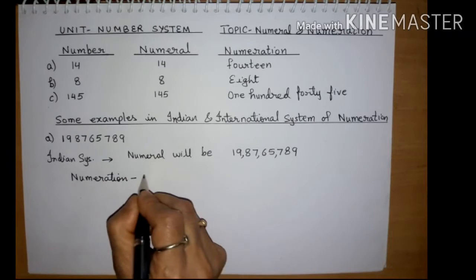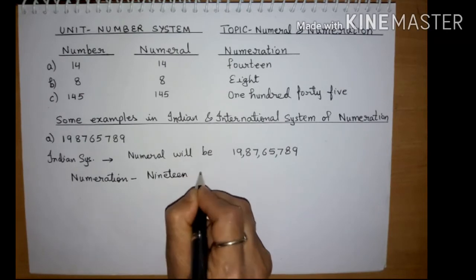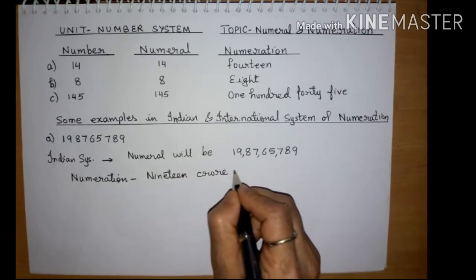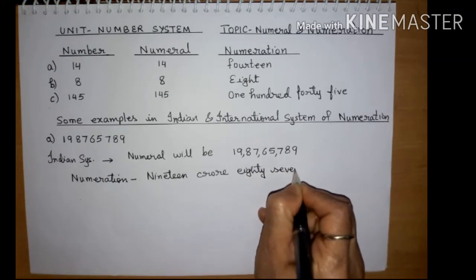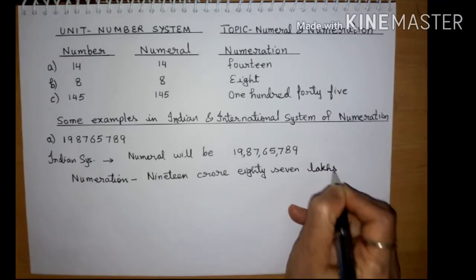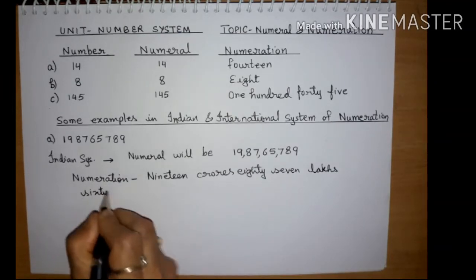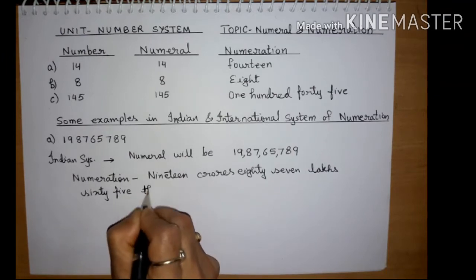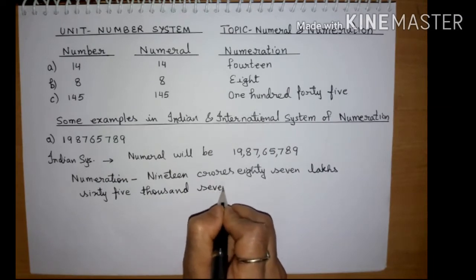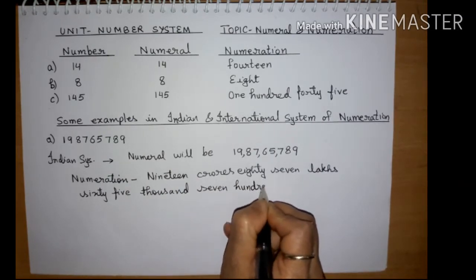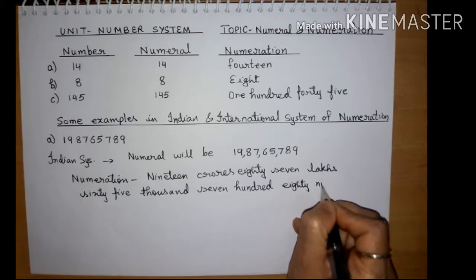It will be written as 19 crore 87 lakhs 65,789.